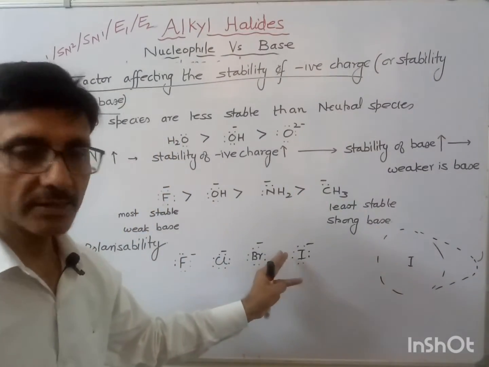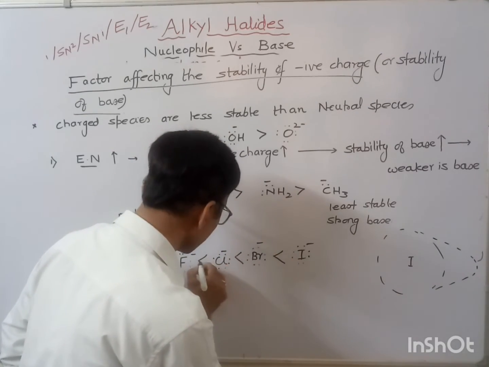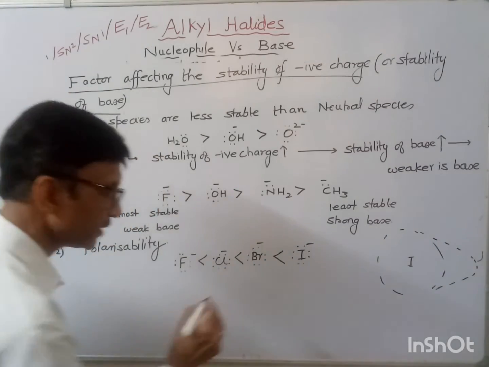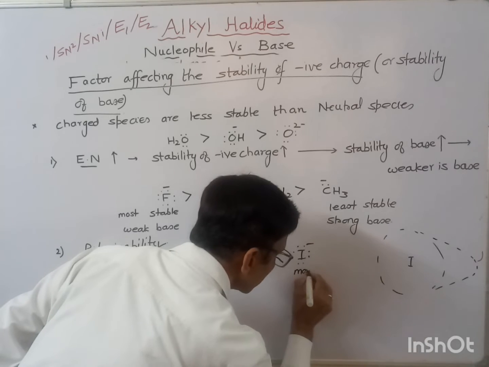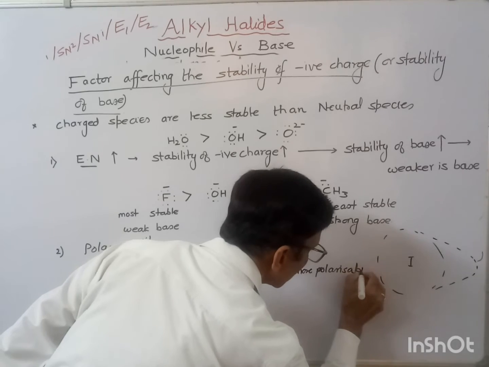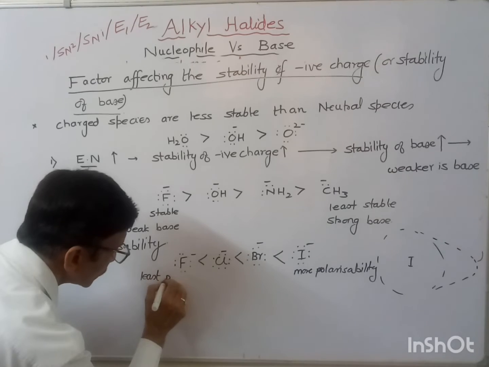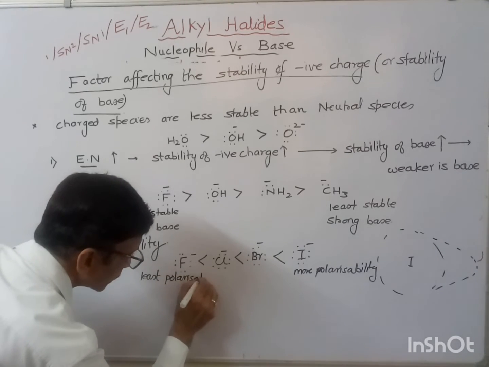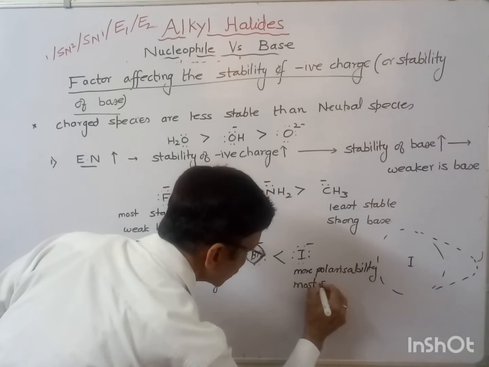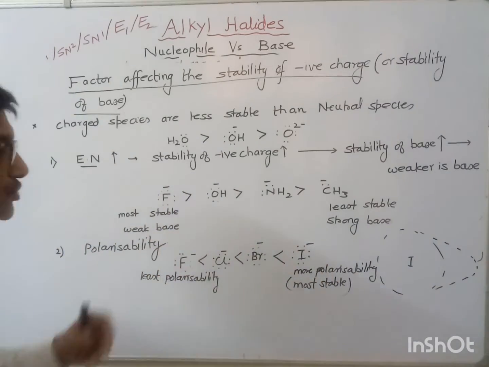So in iodide ion the negative charge is much more dispersed, due to higher polarizability, and here is the least polarizability. That's why iodide is the most stable and the weakest base, and this is the strongest base.